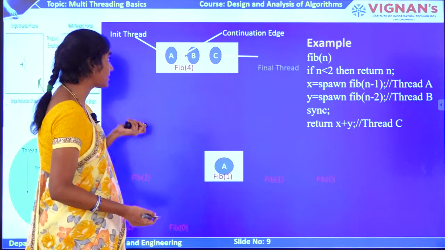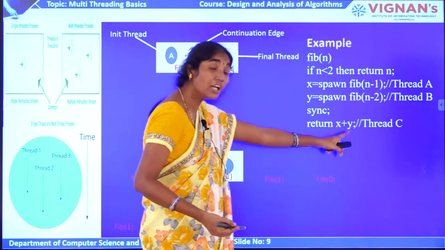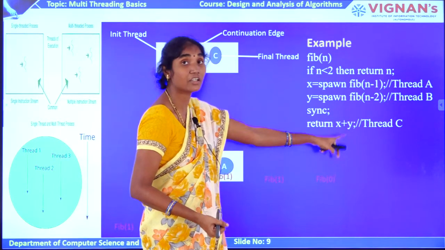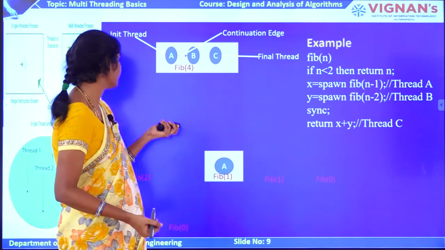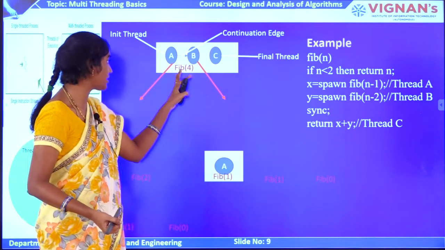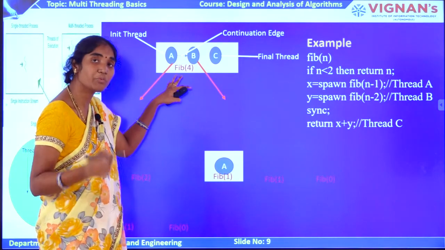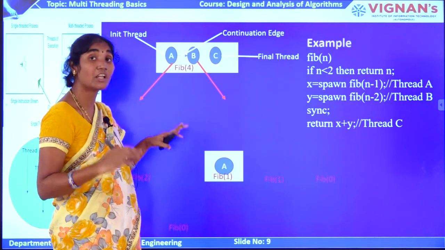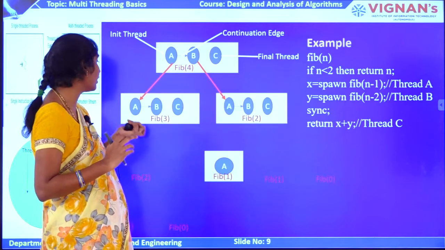Now here C is a final thread. Why? Because under thread C we are returning the result. So C is the final thread or final solution, right? Now A and B together are nothing but fib of 4. In order to measure fib of 4, I require fib of 3 and fib of 2, which is the sum of fib of 3 and fib of 2.